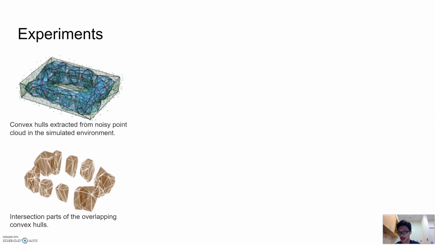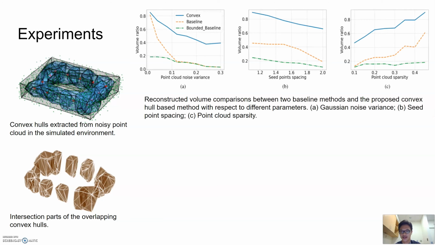In the experimental section, we first show a series of overlapping convex hulls in a simulated environment and the intersections of those convex hulls. To quantitatively evaluate the volume extraction performance of our proposed method and the baseline method, which is based on sphere representation, we use our newly proposed forward-looking union volume computation algorithm to compute the pure volume of the extracted free space.